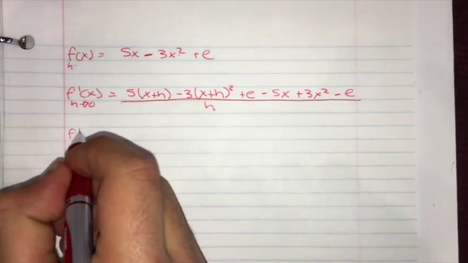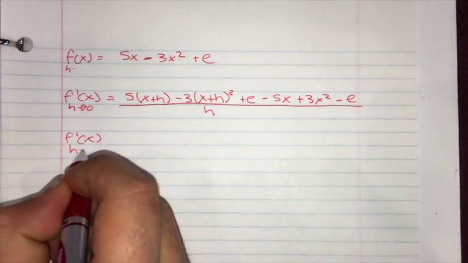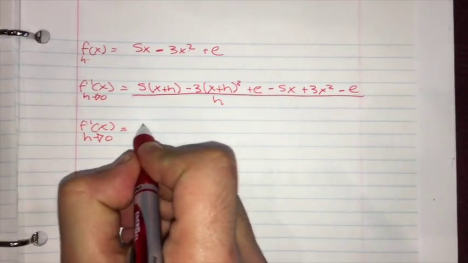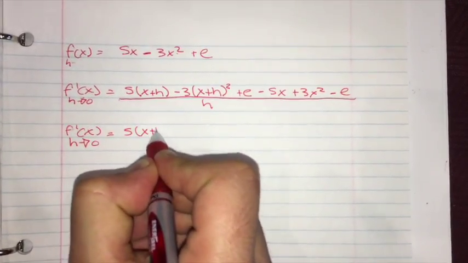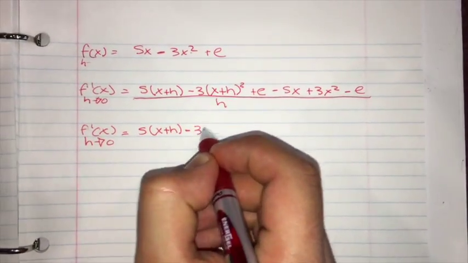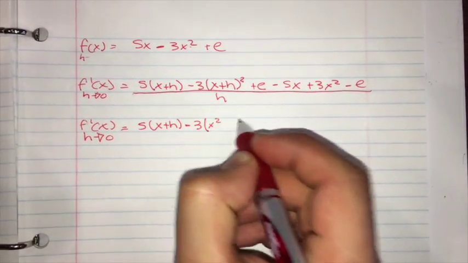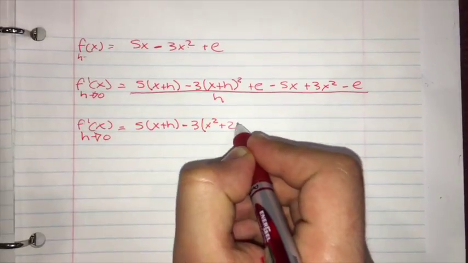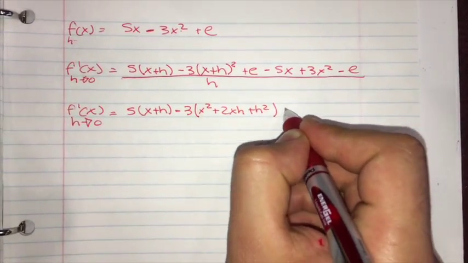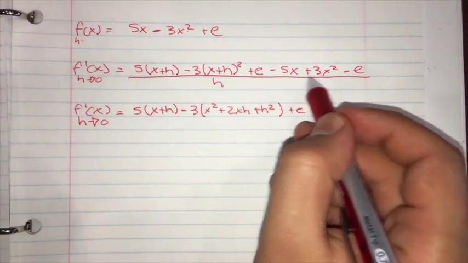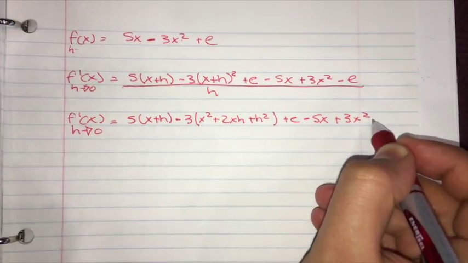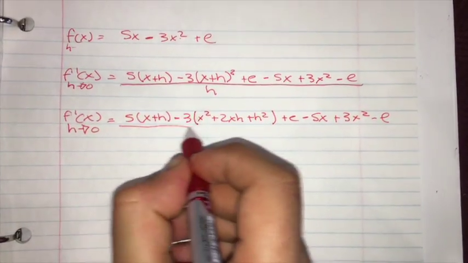Next step, h approaching 0 equals 5 times x plus h, now we open parentheses, 3 parentheses x squared plus 2xh plus h squared, close parentheses, plus e, and this we copy as equal, minus 5x plus 3x squared minus e over h.